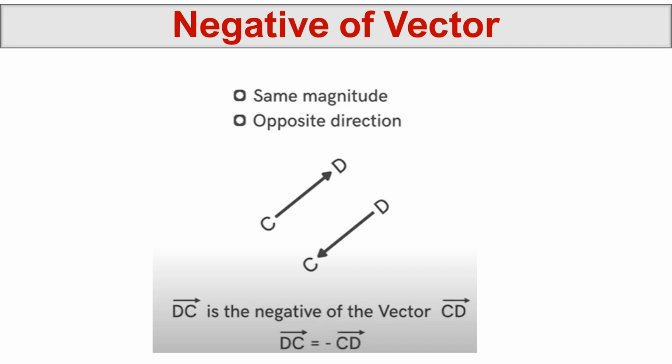Look at CD: the length is the same, this is x and this is also x, but the direction is exactly opposite. So the DC vector is equal to minus CD vector, or CD vector equals minus DC vector. This is an opposite vector, the negative of a vector. It's very simple.